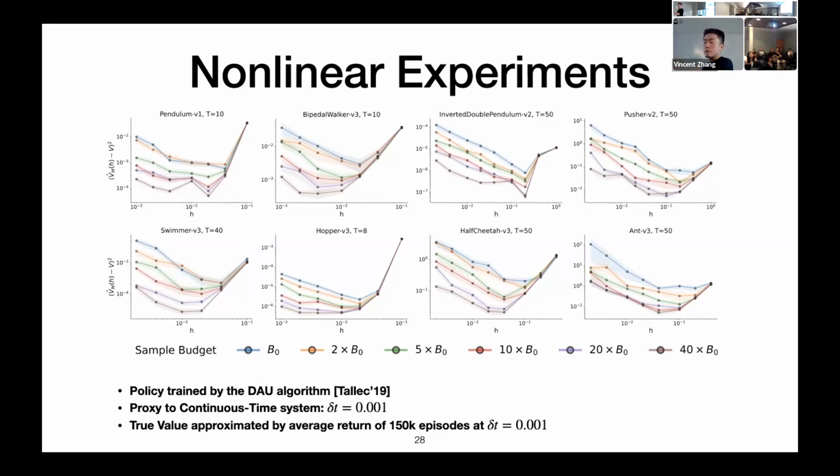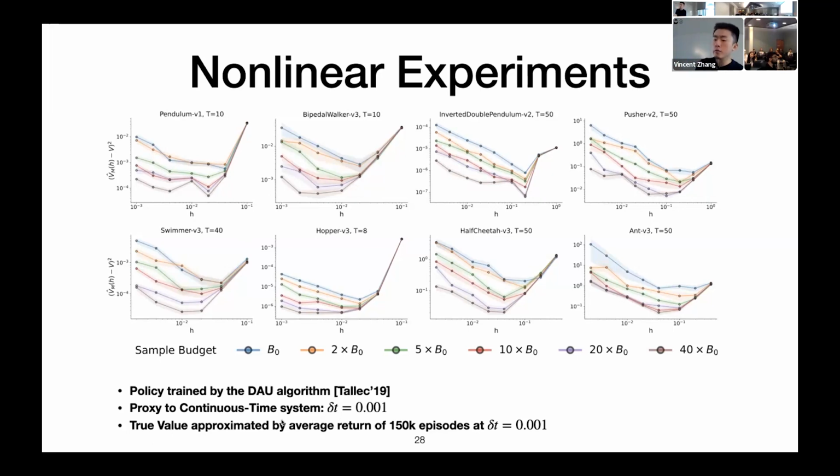Because we talk about the true value being the value for the continuous time system, which we don't have. But what we can do is modify the original MuJoCo systems to run at a super small delta t, as a proxy to the continuous time.